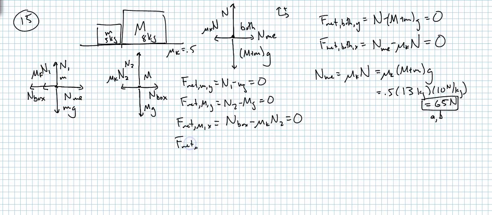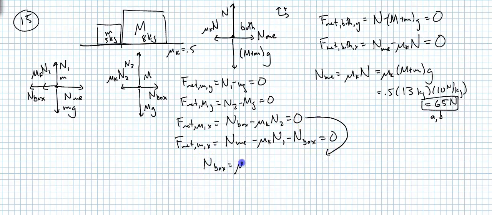F net little m in the x is the normal force that I exert minus mu sub k n1 minus n between the boxes, also 0. So in this case, we're looking for n box, the force exerted between the boxes. And that's actually pretty easy to get if we go from this equation. n box is mu sub k n2, and n2 is really easy to get from there. That's just big Mg.